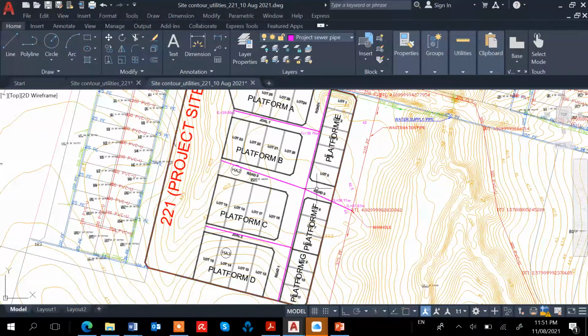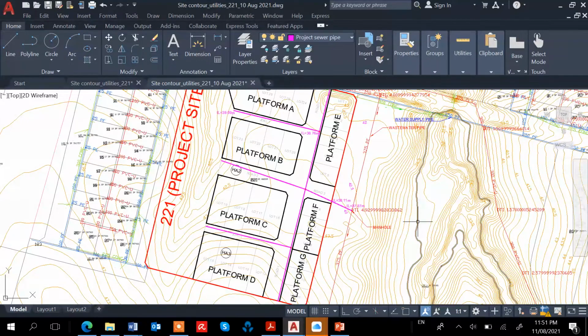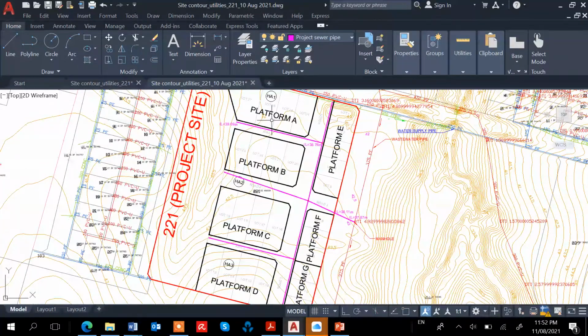Okay, so just briefly, this exercise is mainly to make sure that the platform level is sufficient to have sufficient cover for the sewer line, because the sewer line is critical, as the drop in the slope is quite steep.